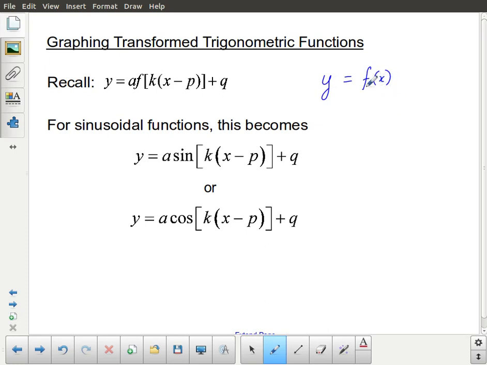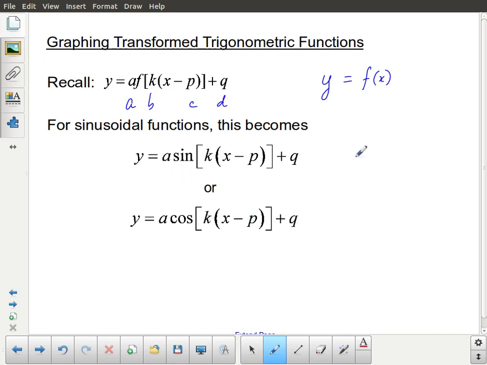then we can start to apply transformations to that function, and the standard convention for what those transformations look like, we use four parameters: a, k, p, and q. In some conventions, you'll just see people using a, b, c, and d. Those are interchangeable and they're all perfectly fine.